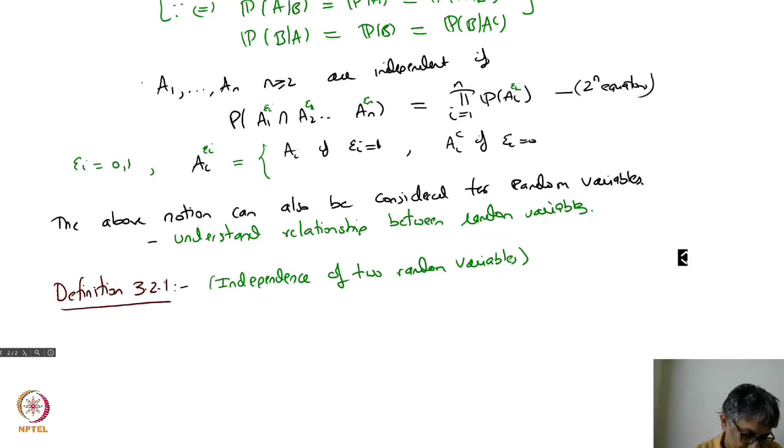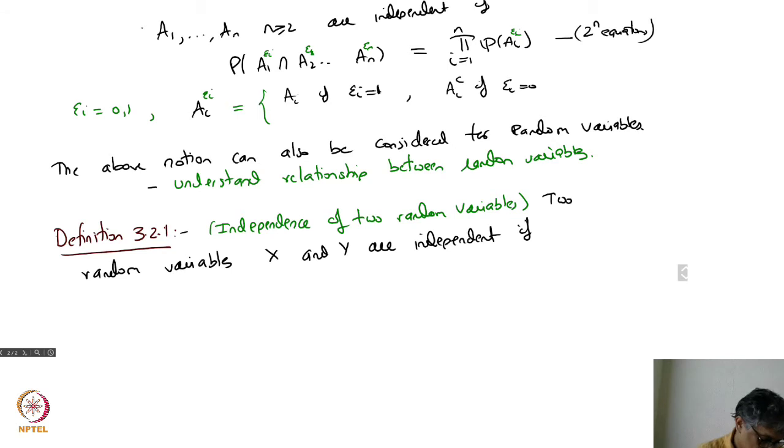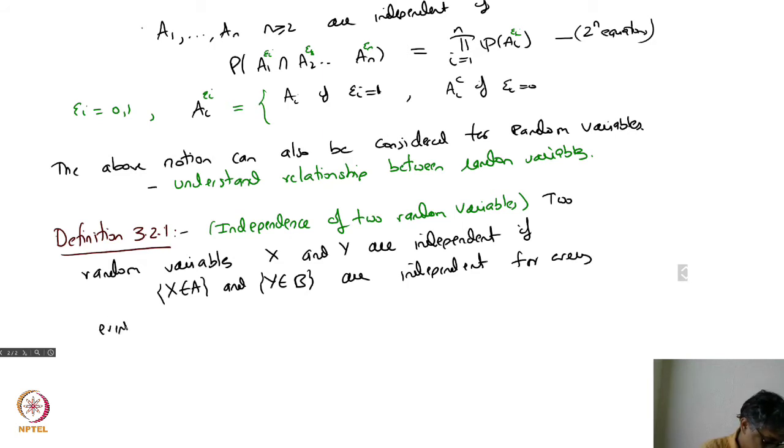We say two random variables X and Y are independent if the events X in A and Y in B are independent for every event A in the range of X and every event B in the range of Y.